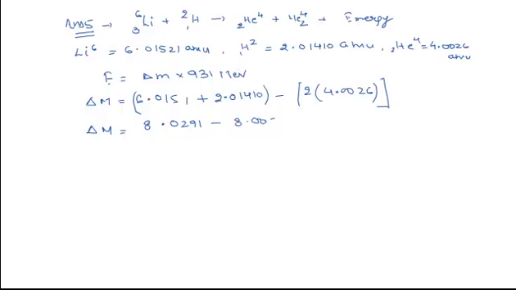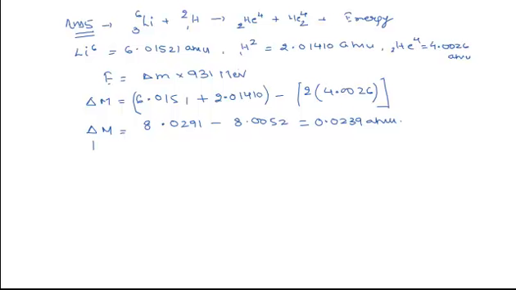That would be equal to 8.0052, and that is the mass defect, right? Now 8.0291 minus 8.0052 will be equal to how much? 0.0239 AMU. Right? Now this is your mass defect.